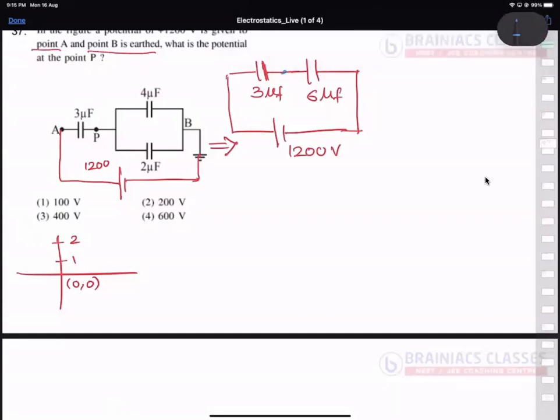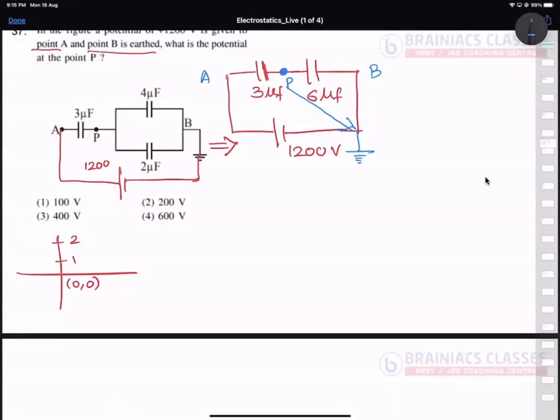The point P is located here. So this is the point P. The voltage at the point P means with respect to ground. This is terminal A and this is terminal B. I know B is grounded. So the voltage from P to ground, this voltage I have to find out.